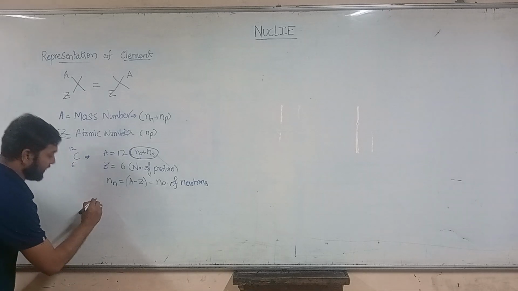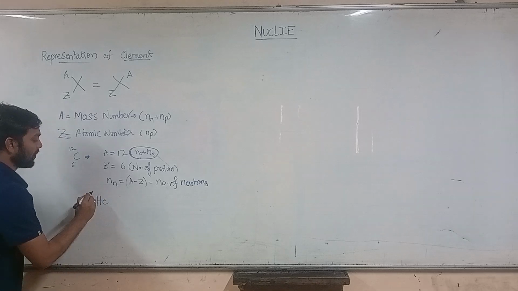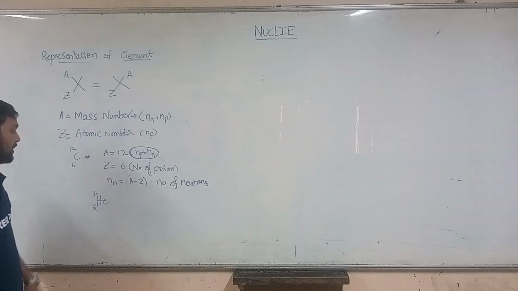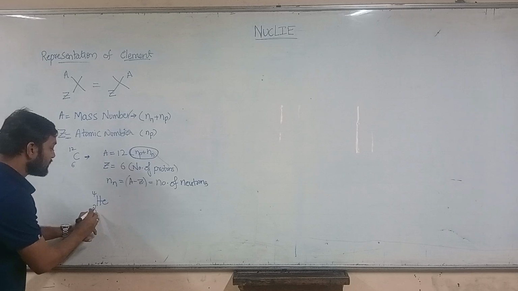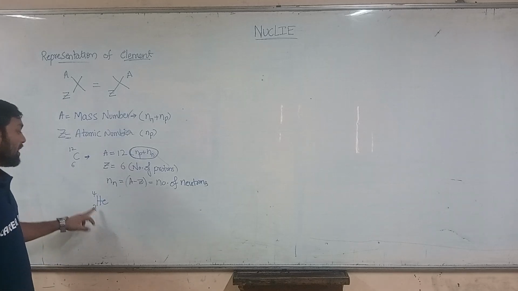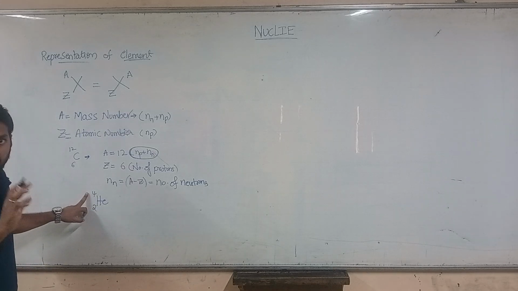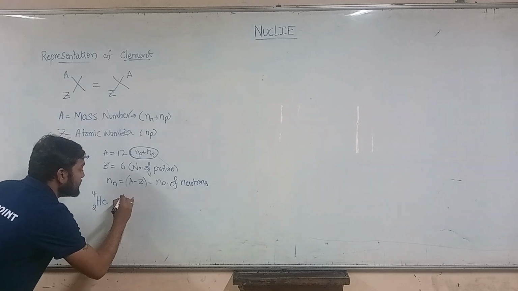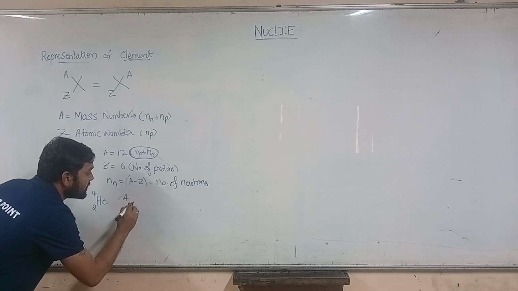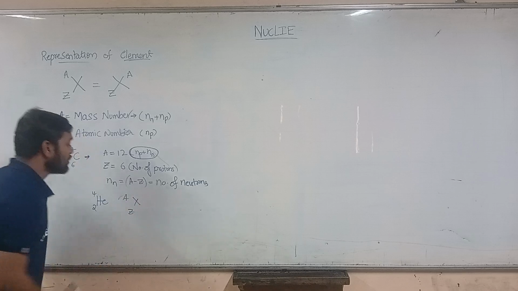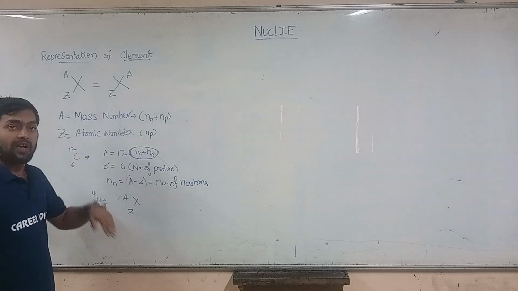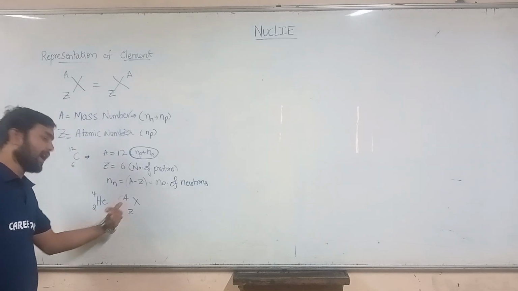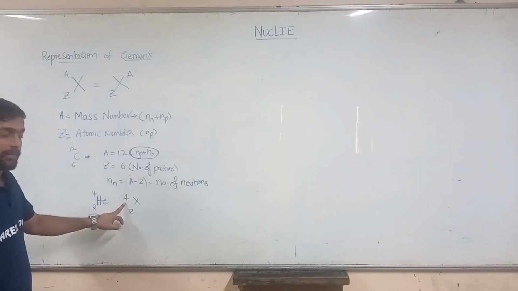So let us take helium, He with mass number 4 and atomic number 2. The number of protons is 2, and the number of neutrons is 4 minus 2, which is also 2. So here we have Z and A for element X. Is Z always less than A, that is, than the mass number?